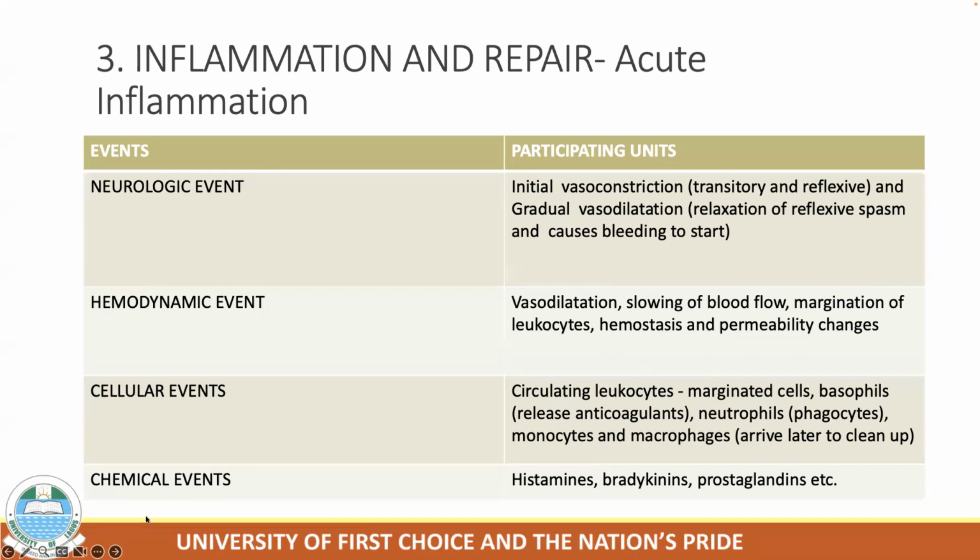So the chemical events are very important. Remember, we said these chemicals are important for inflammation: histamines, bradykinins, and prostaglandins. Bradykinins promote pain. Prostaglandins are important in the nociception of pain. Histamines also promote the activities of the prostaglandins.